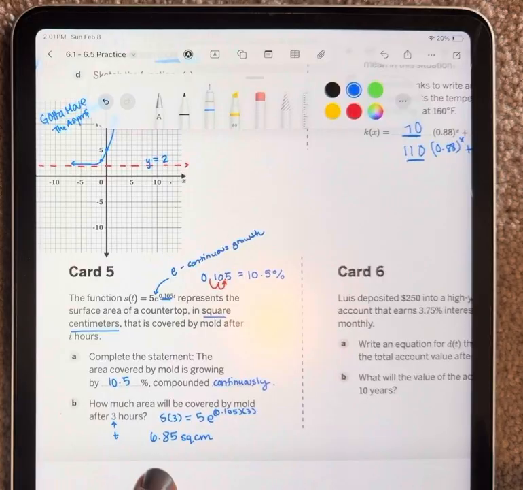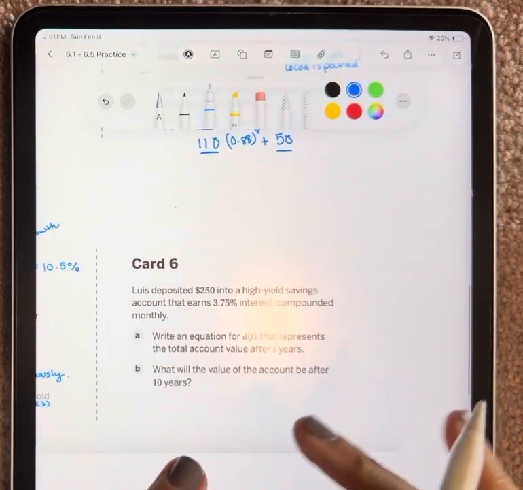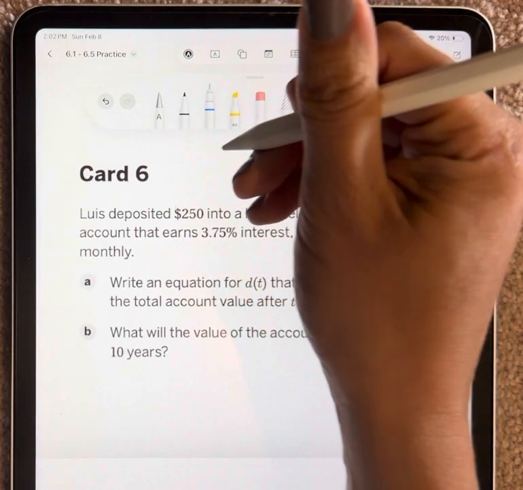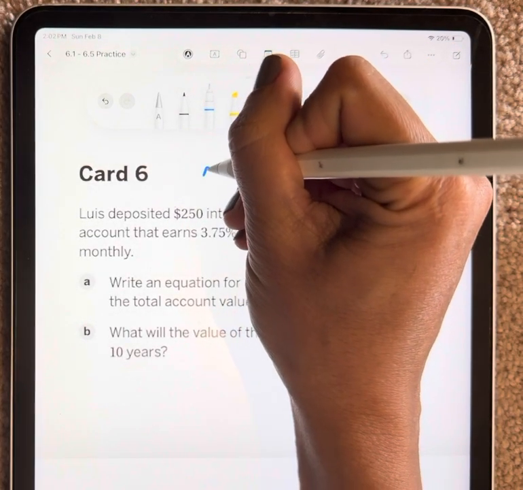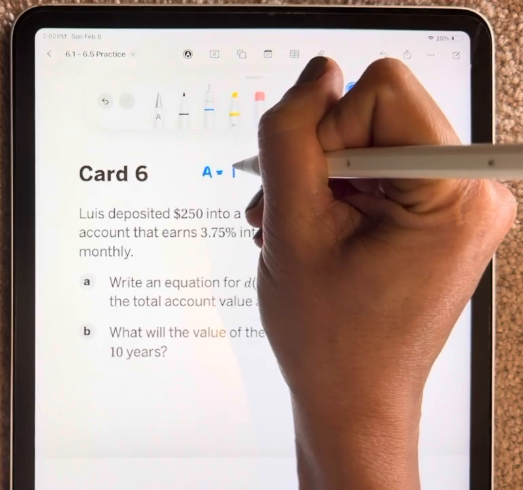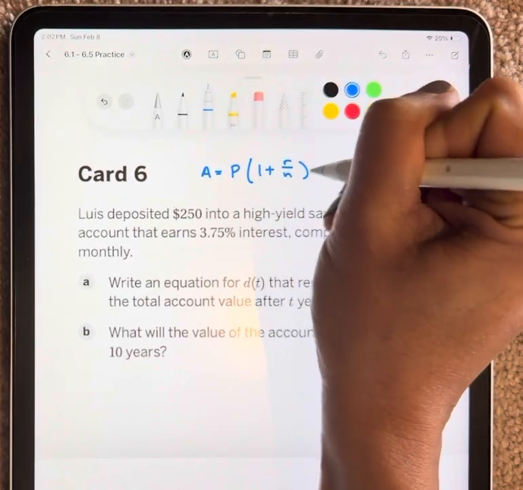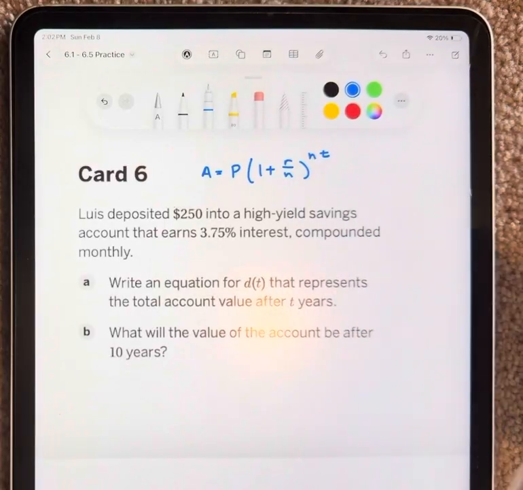It's fine. Okay, next. Luis deposited $250 into a high-yield savings account that earns that much interest compounded monthly. Let's write an equation. So, I gave you guys the equation for this, all right? It was the A equals P times 1 plus R over N to the NT, okay?